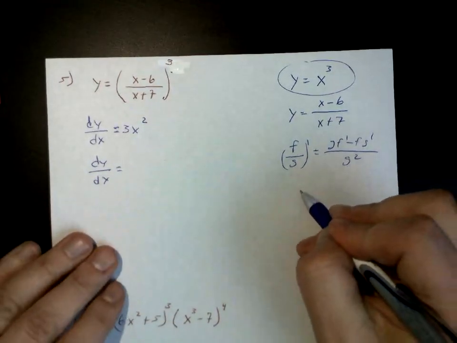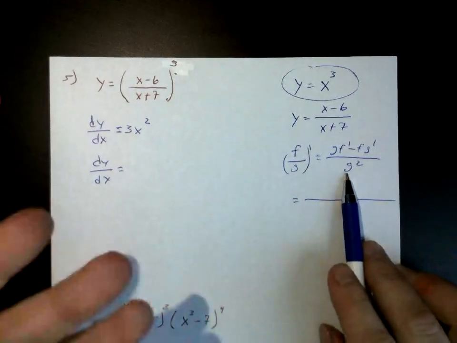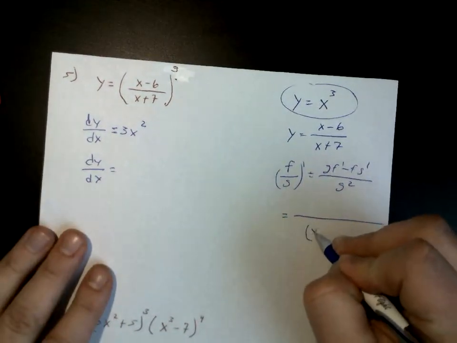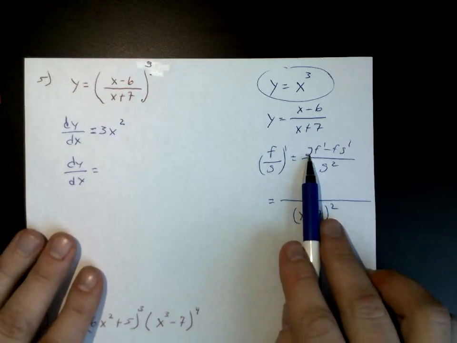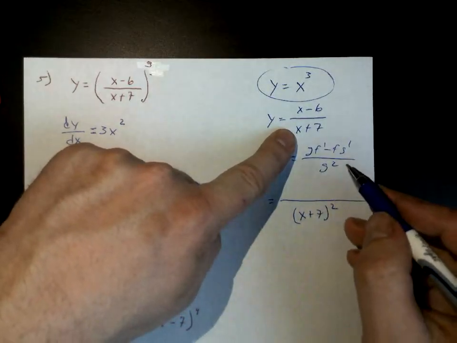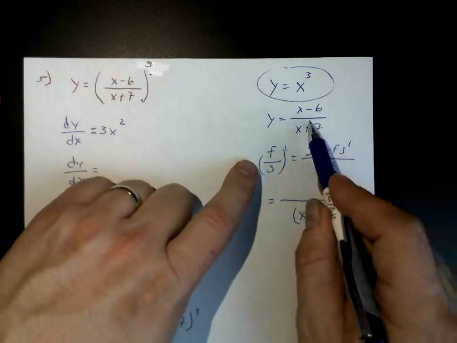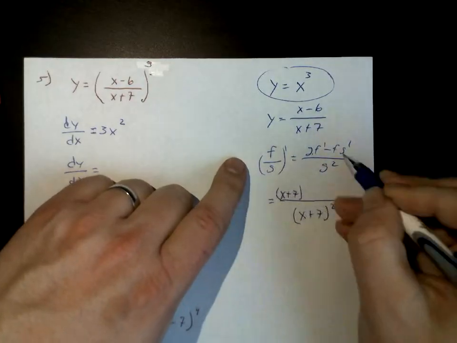So here we go. We're going to take the derivative of this. So this is going to be kind of fun. You can start at the bottom if you want. It doesn't matter. So (x plus 7) squared. Now on the top, you're going to say leave g alone. So g is the bottom. So you're going to go x plus 7.